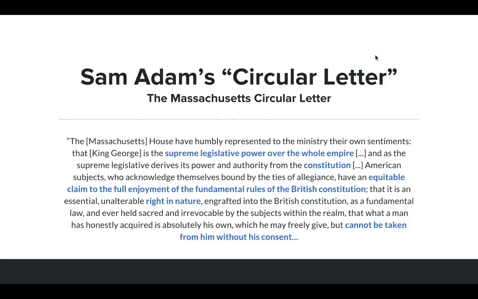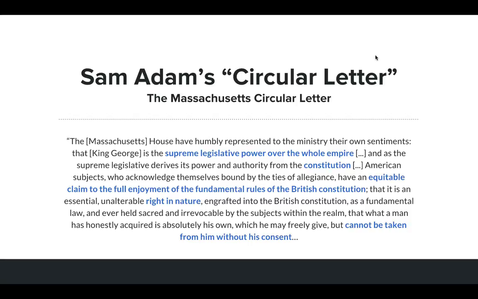This circular letter was written with the intention of it being circulated throughout the rest of the colonies to act as a protest against the Townshend duties and likewise many of the other acts that came before it.